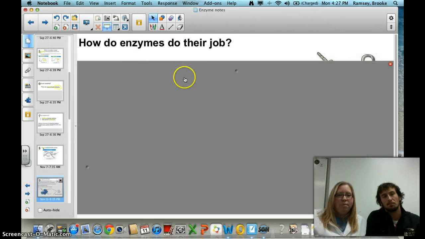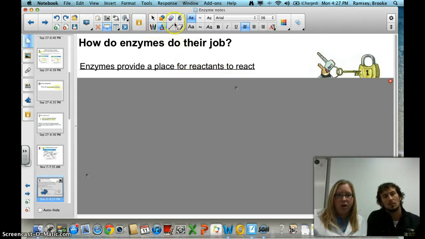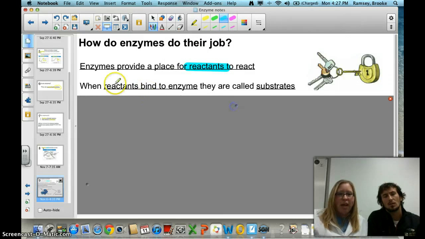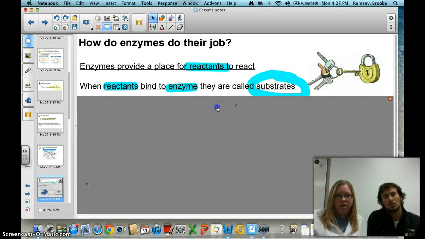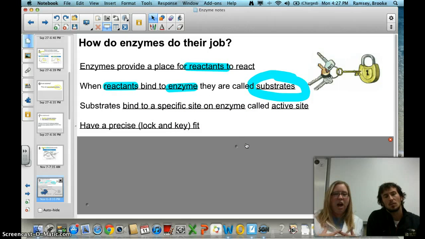Okay, so how do enzymes do their job? Enzymes provide a place for reactants to occur. So there's what we call this enzyme substrate situation. What happens is the reactants, called the substrate, bind to the enzyme. The substrate then binds to this active site on the enzyme, where you're able to make this lock and key fit situation.